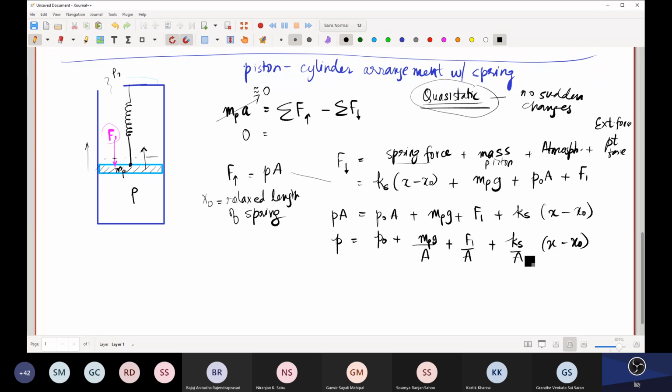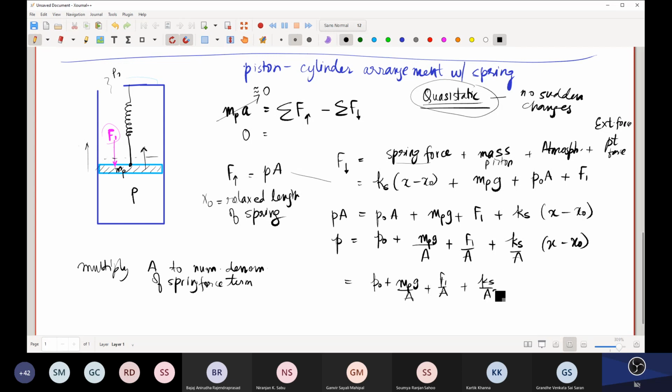And over here I can multiply and divide by area. So we will multiply A to both numerator and denominator of this spring force, and therefore we will obtain P naught plus the pressure due to the mass of the piston, plus the point force, plus Ks over A square times A times x minus x naught.